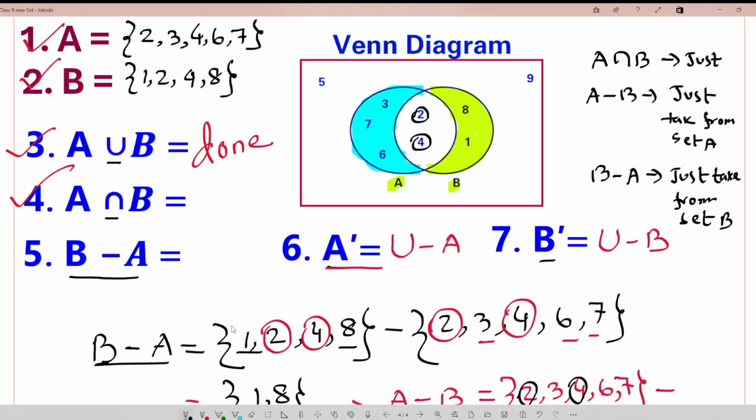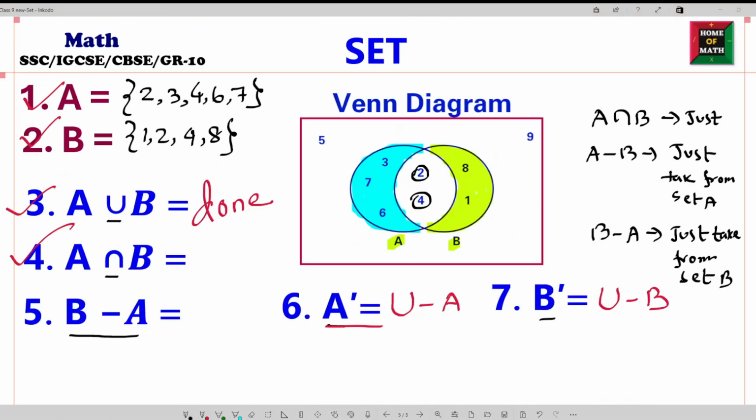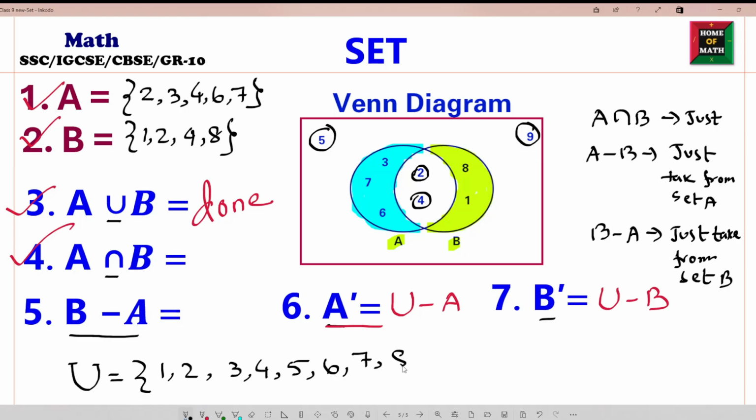It means the universal set should include A, B including 5 and 9. So we can write 1, 2, 3, 4, 5, 6, 7, 8 and 9.